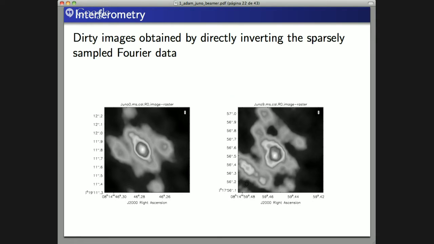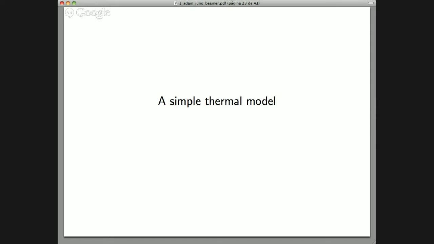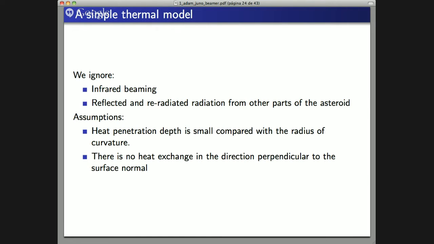For thermal modeling, or physical model, we use a simple model. We ignore infrared beaming, and we also ignore secondary reflections and radiation from other parts of the asteroid.